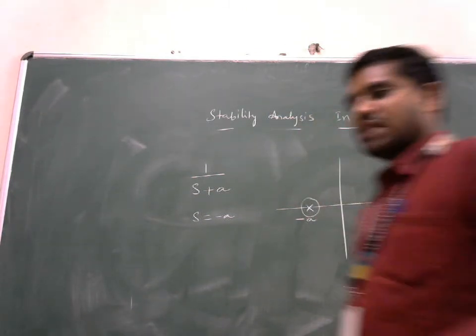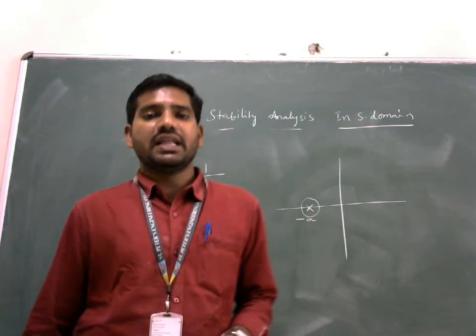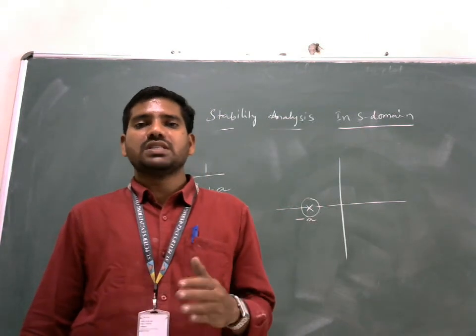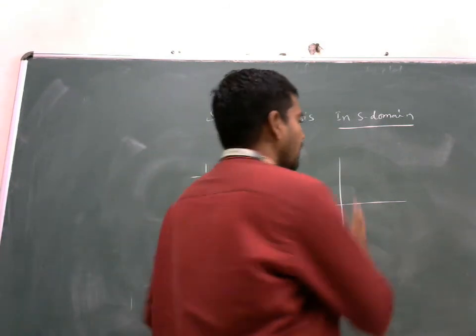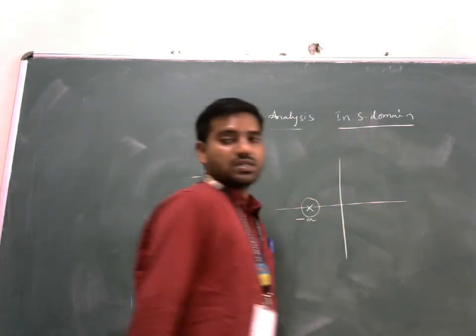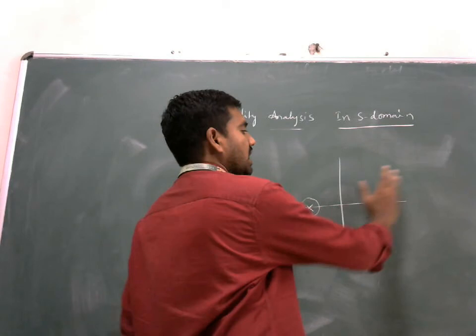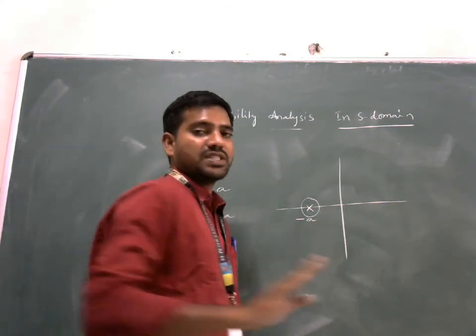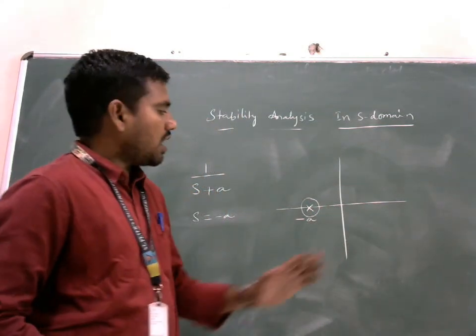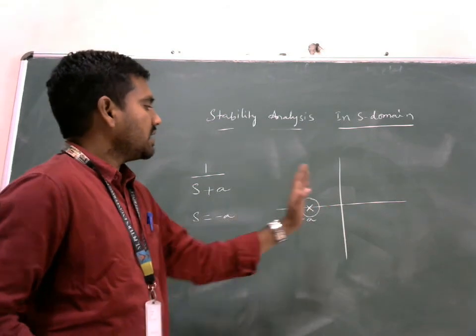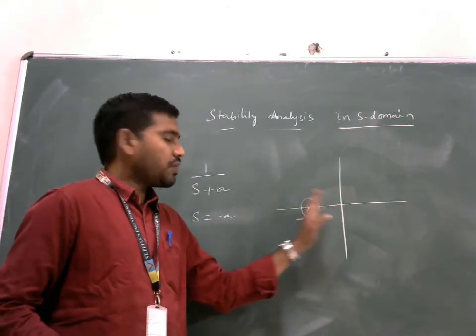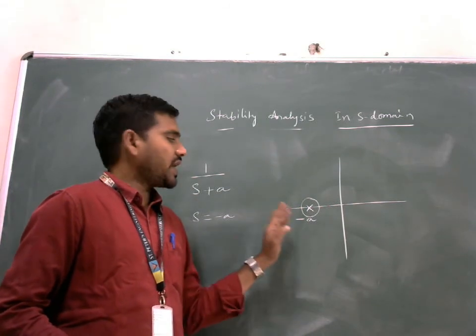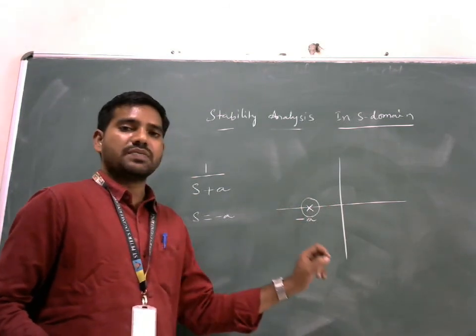In a general manner, if there is a pole on the right hand side, then the system is unstable. Or in another way, if all the poles are in the left half of the S plane, then we can say that the system is stable.